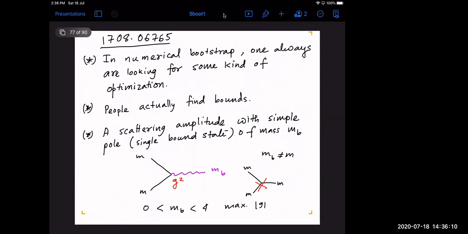It is this kind of problem one usually looks into when one does this kind of numerical bootstrap exploration.